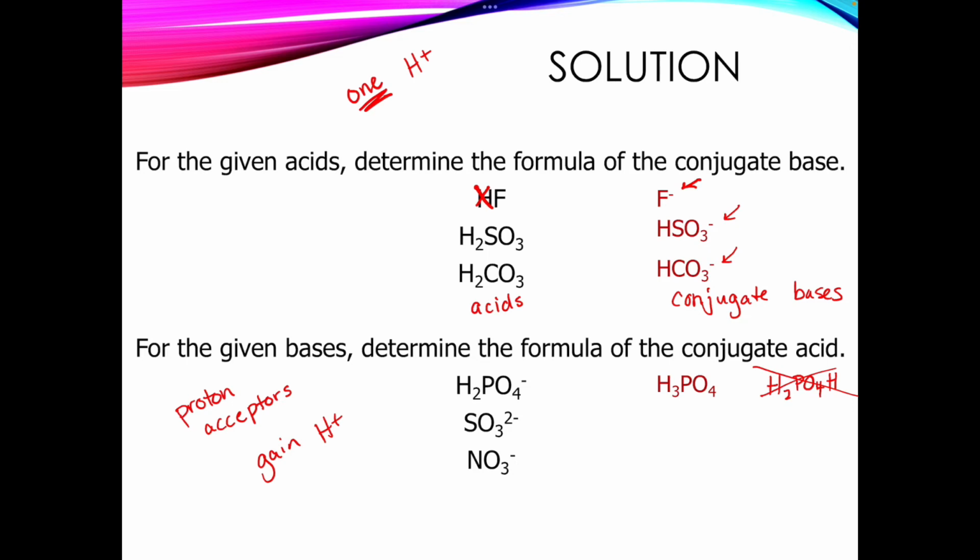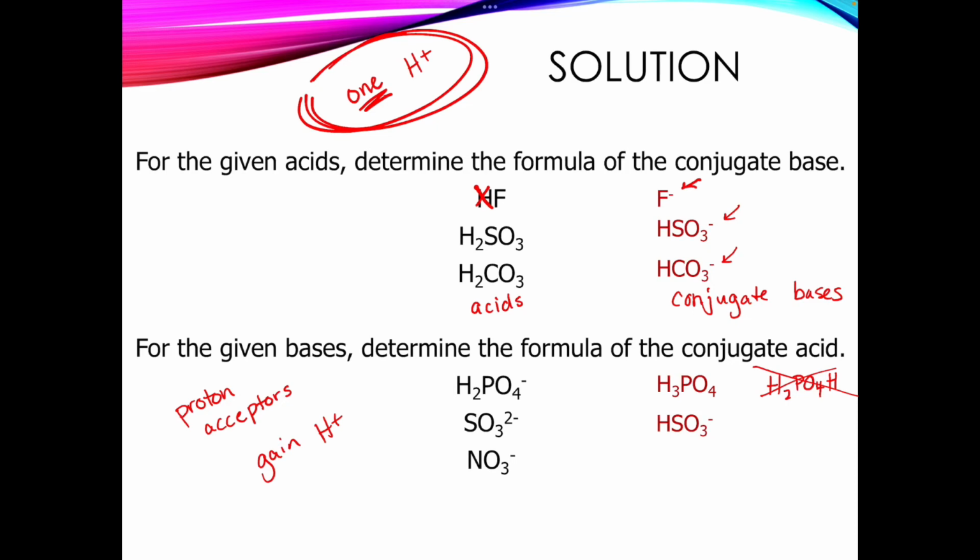All right, let's look at the next one. So that's sulfite. When it gains a hydrogen, remember, it's just going to gain one hydrogen because these are acid-base pairs. So when it gains one hydrogen, that hydrogen goes in the front and it's left over with a negative charge. It had a 2- and it gained a positive, leaving us with a residual 1- charge.